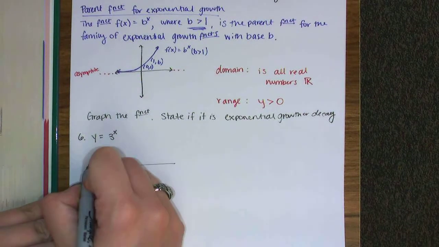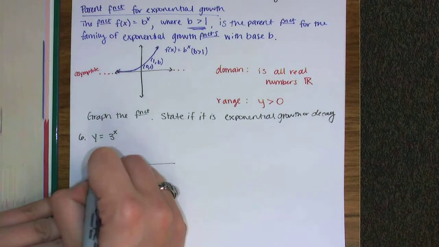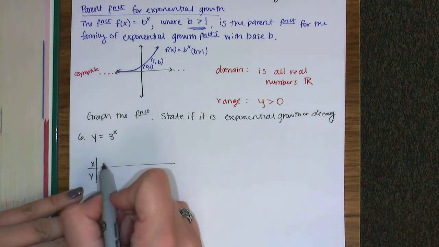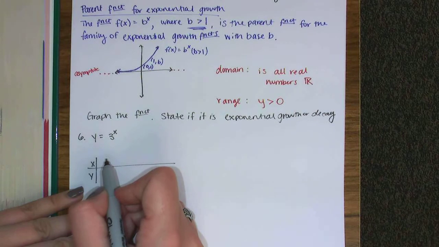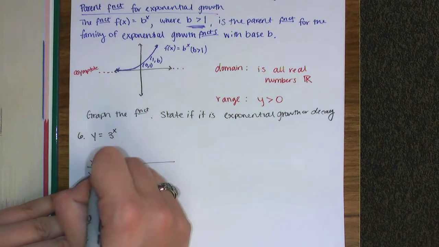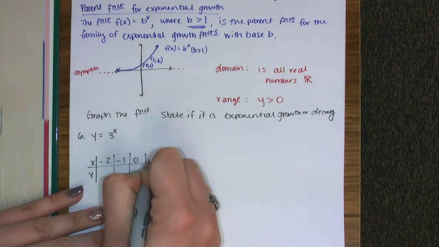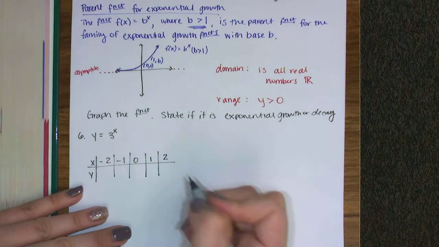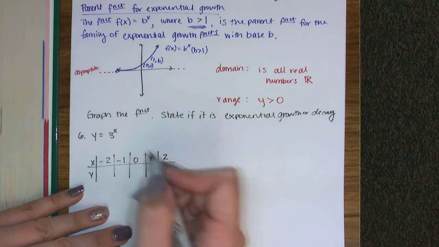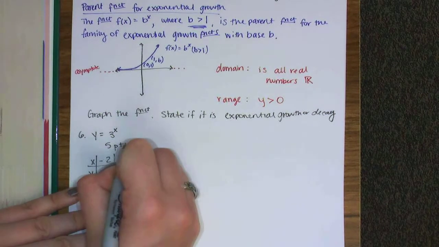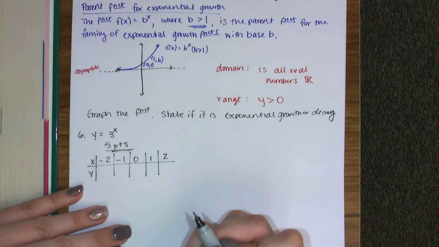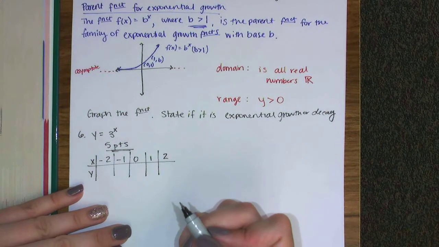Our x values, these will be the values that you always use. Okay, we do -2, -1, 0, 1, 2. Okay, so you will always use these 5 points. Okay, always use 5 points when you're doing it, and it's going to be these ones, and I'm very picky about this, okay, because everybody's graphs look the same.